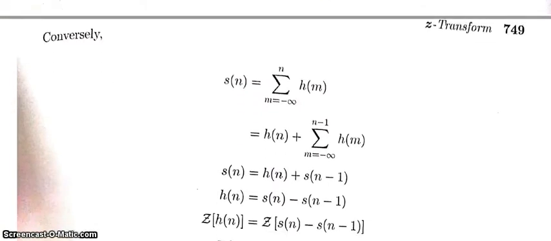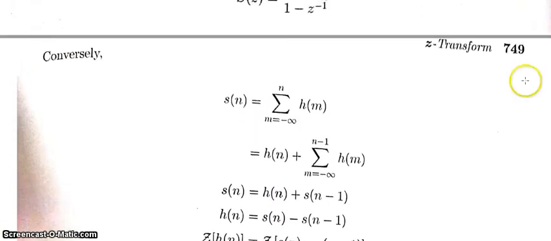Therefore we can also express it in this manner: s of n is equal to summation m equal to minus infinity to n h of m, and this is expressed as h of n, that is when m is n, plus the remaining terms expressed in summation form, summation m equal to minus infinity to n minus 1 h of m.